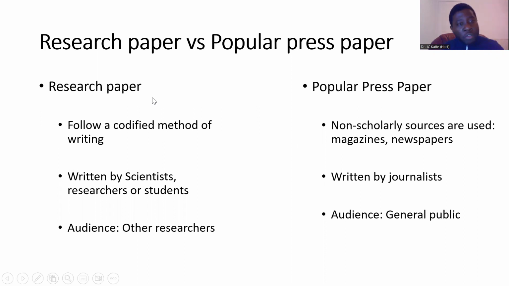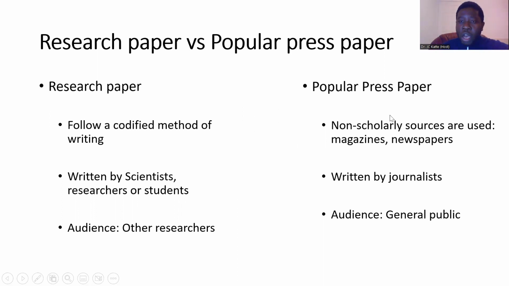But a research paper will follow a codified method of writing. And of course, it's written by researchers or students or scientists, like some of you here. And the particular audience is other researchers. So it's geared and directed towards other researchers.